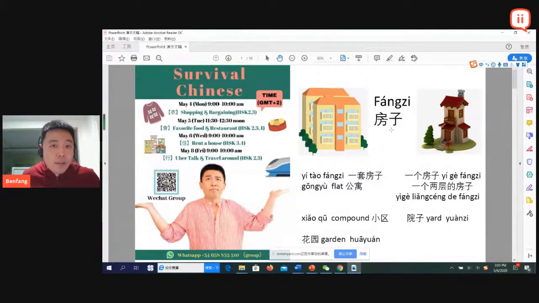the concept of house has two meanings. 在中国房子大部分时间是一套房子，是一个公寓，是一套公寓。So in China, when we talk about 房子, the picture in our mind is more a flat, an apartment.